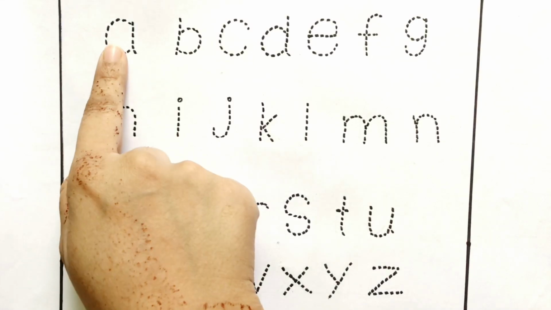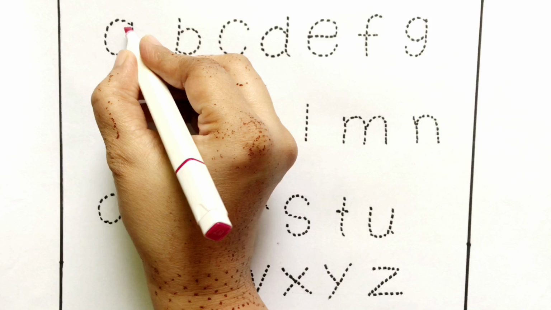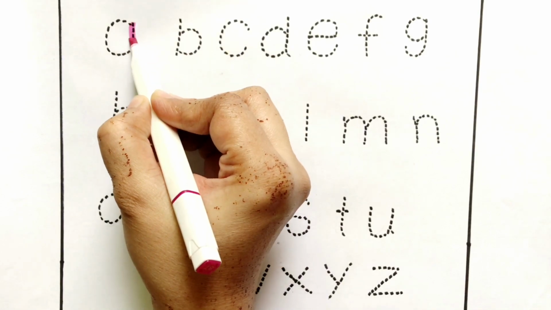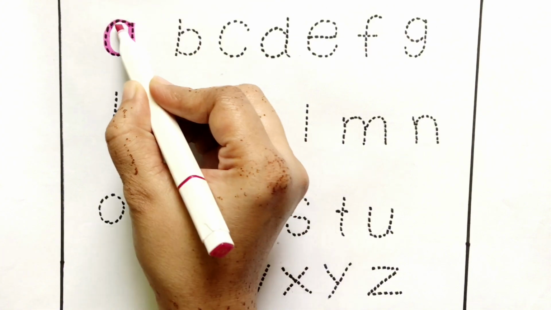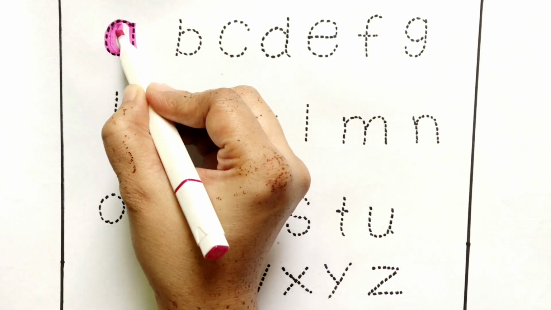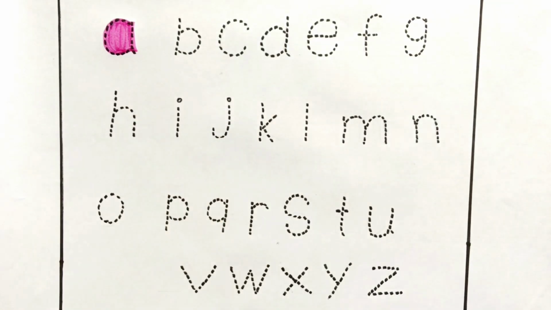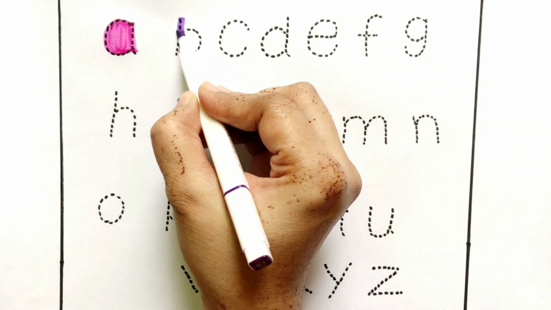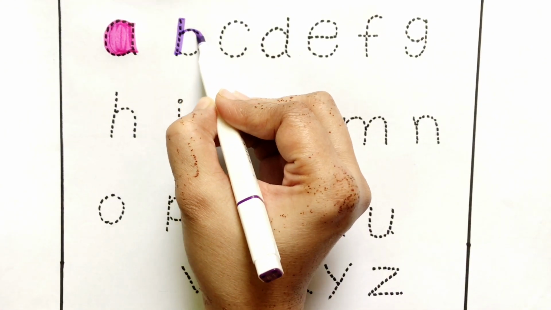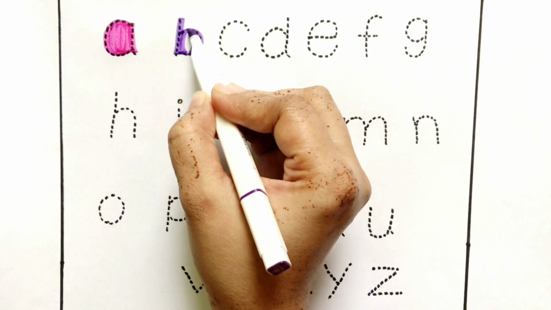So I learned alphabets A to Z, small letter. A. A for apple. B. B for banana.